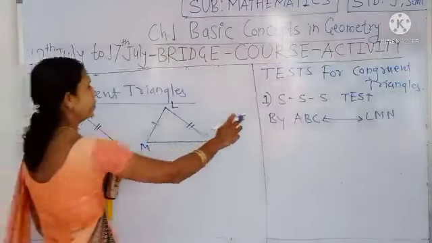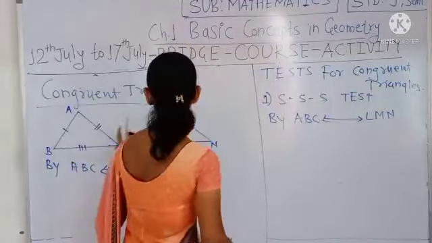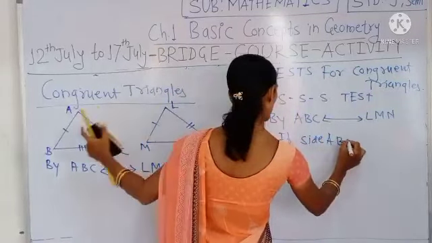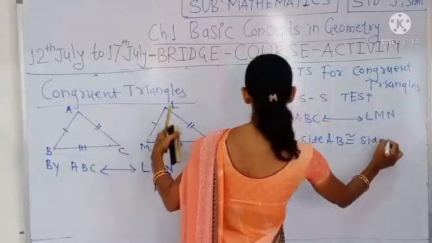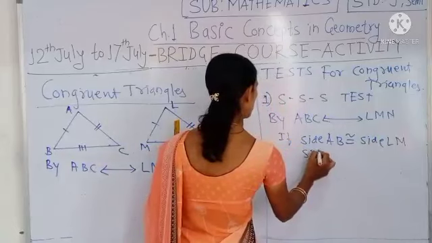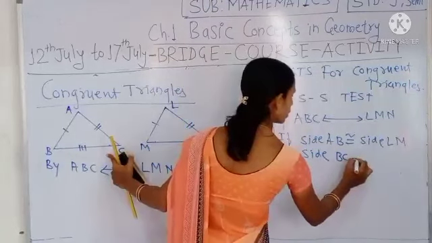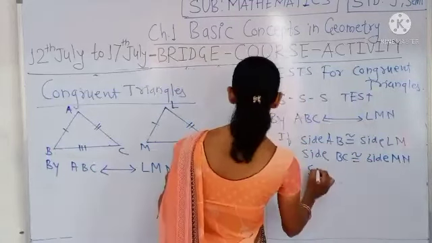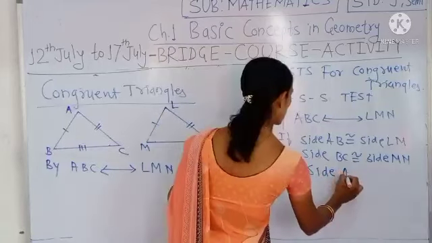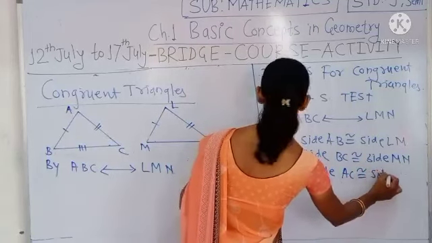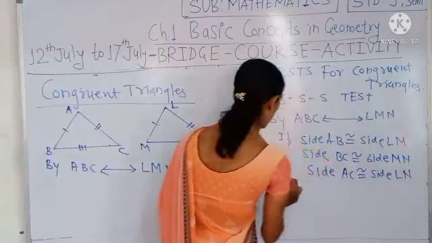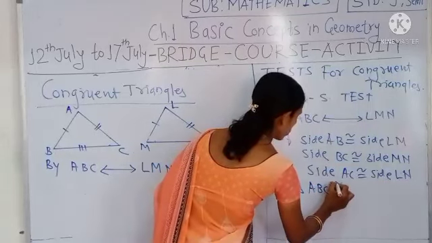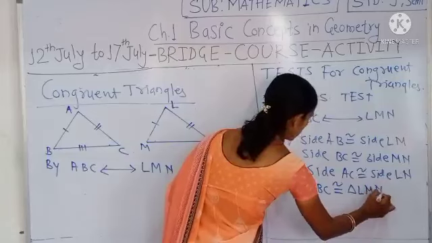By ABC corresponds to LMN, if side AB is congruent to side LM, side BC is congruent to side MN, and side AC is congruent to side LN, then triangle ABC is congruent to triangle LMN.